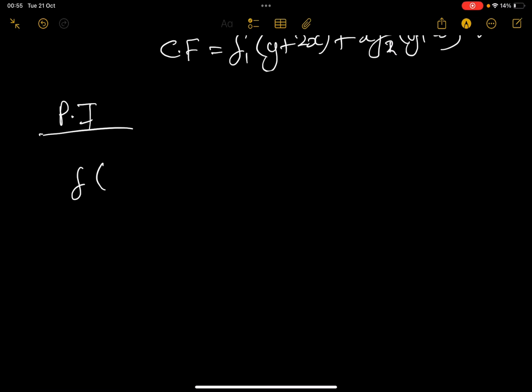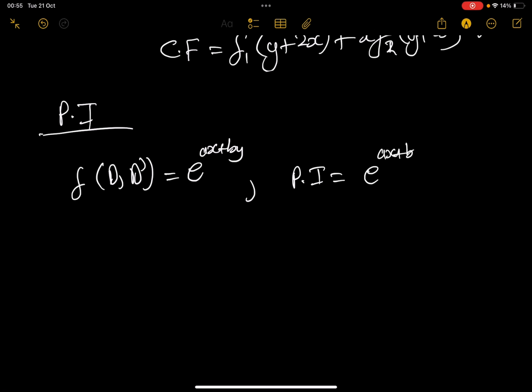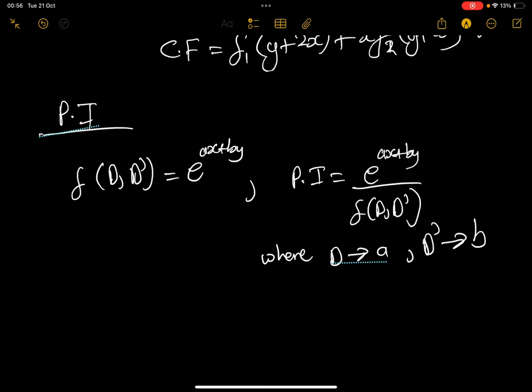If you have a function of D and D prime, which is e^(ax+by), which is an exponential, the particular integral will be e^(ax+by) over f(D, D'), where D is a and D prime is b.